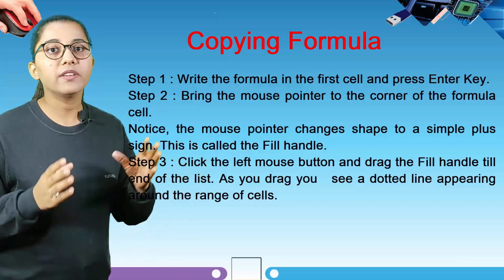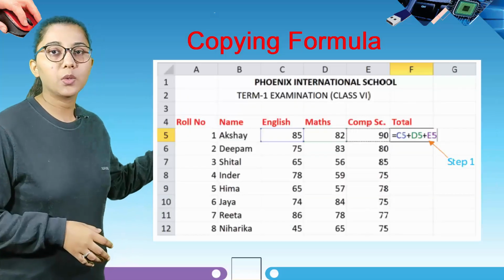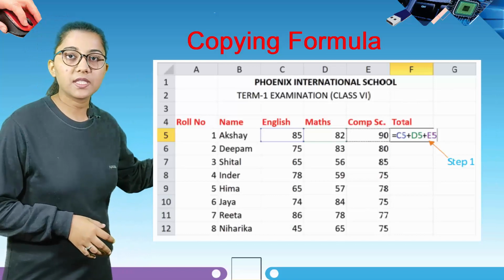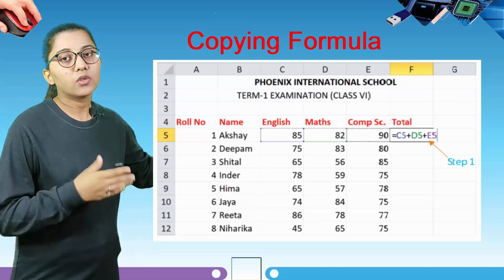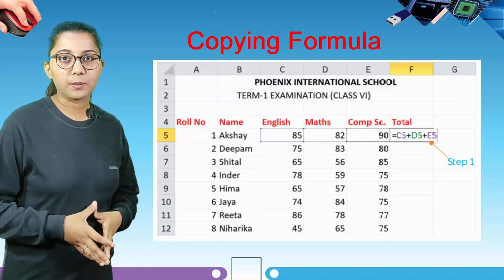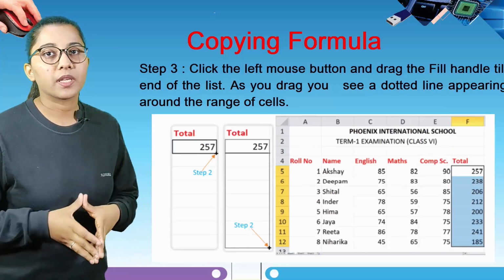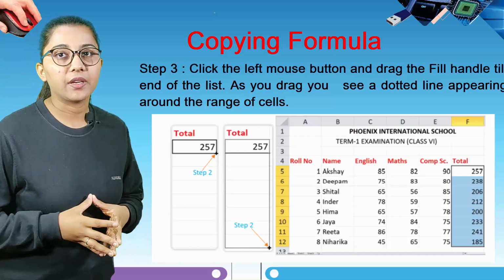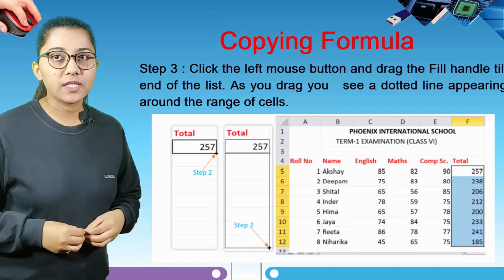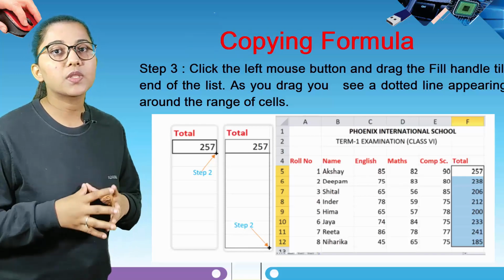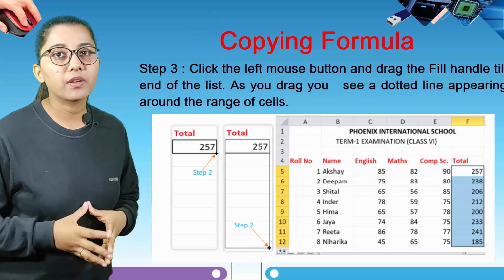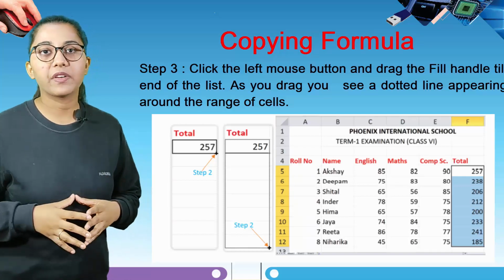This is called the fill handle. Now here you can see the interface of copying a formula from one cell to another. Then step 3 is click the left mouse button and drag the fill handle to the end of the list. As you drag, you see a dotted line appearing around the range of cells.